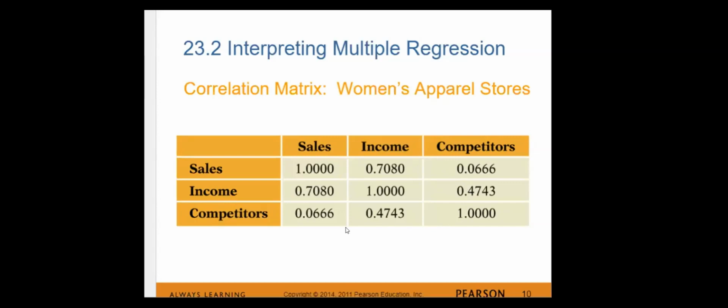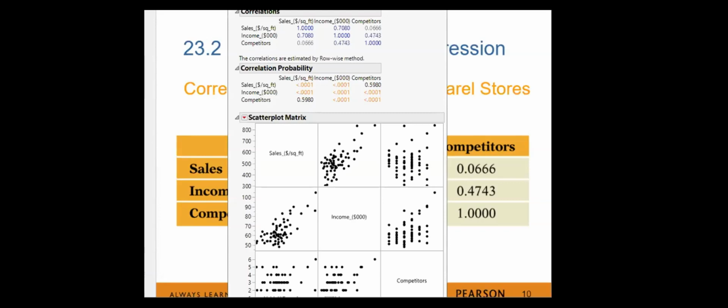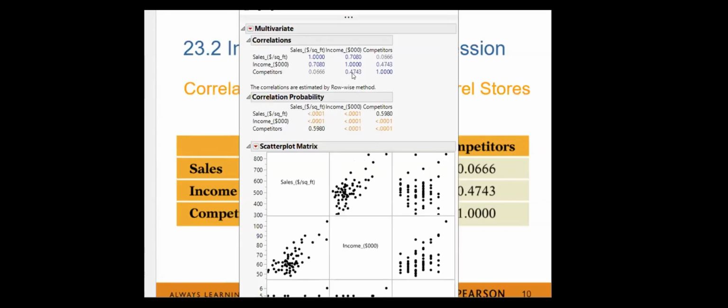So, and that's your correlation matrix, right? 0.7 was significant. 0.06 was not significant. How about the 0.4? 0.4 is representing the correlation between income and competitors. Checking back on our results here, is the 0.47 significant? Yes. The p-value is less than 0.05.